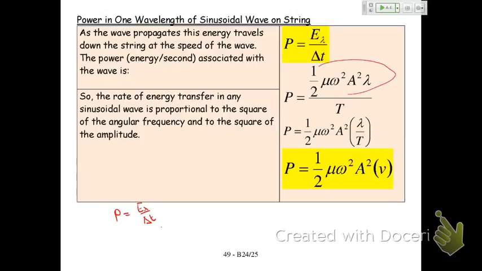So I have this, and I divide it by the period. One wavelength takes one period to pass a point. So that's the wavelength over the period, which is velocity. And so now I've got a little bit more insight. My power goes with the amplitude squared, the frequency squared, the mass per unit length, and the velocity with which the energy is delivered to you, in meters per second. I'd expect the power to go like that.